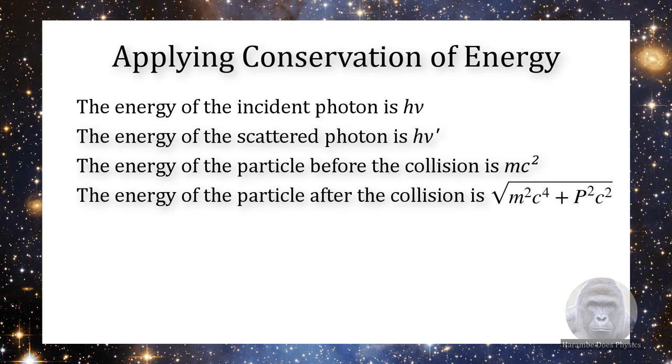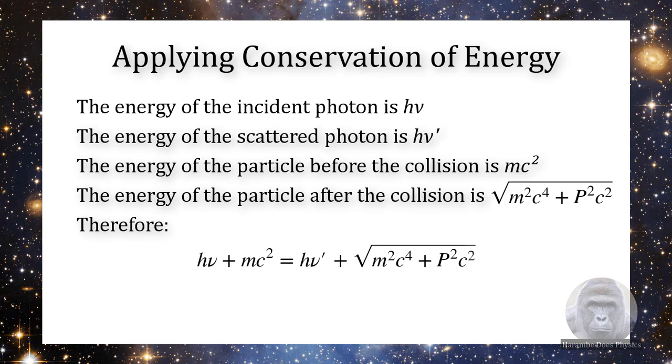The energy of the particle after the collision is given by the relativistic expression square root of the quantity m squared c fourth plus capital P squared c squared. Therefore, h nu plus mc squared must equal h nu prime plus square root of the quantity m squared c fourth plus capital P squared c squared.